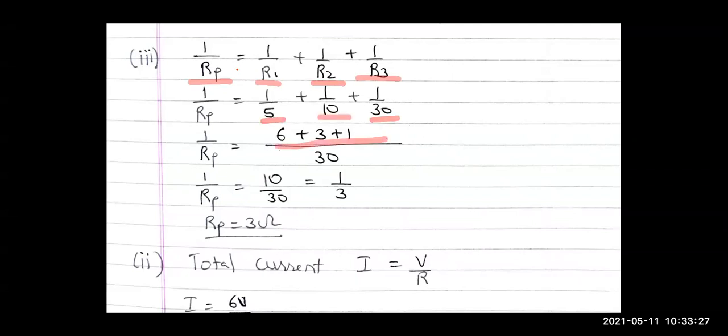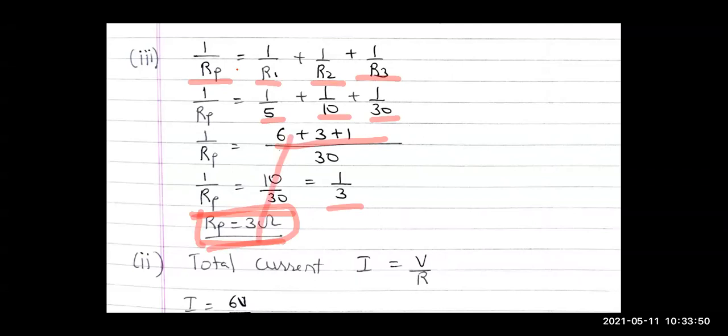Their LCM is 30. After taking the LCM and adding them all, 1 upon Rp is 10 by 30. Zero, zero cancel, 1 upon Rp is 1 by 3. But we want the value of Rp, so we take the reciprocal and we get Rp as 3 ohm. Right, this is the total resistance when the resistors are connected as shown in the given question.